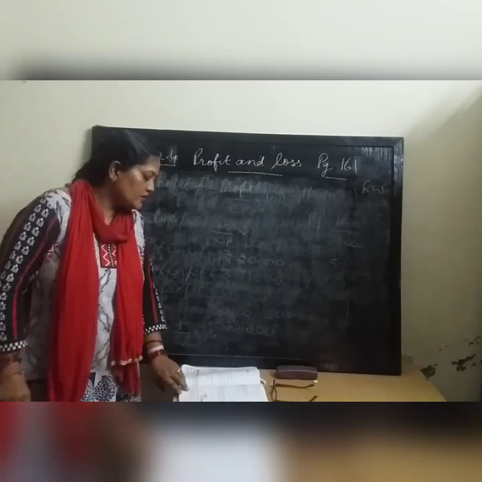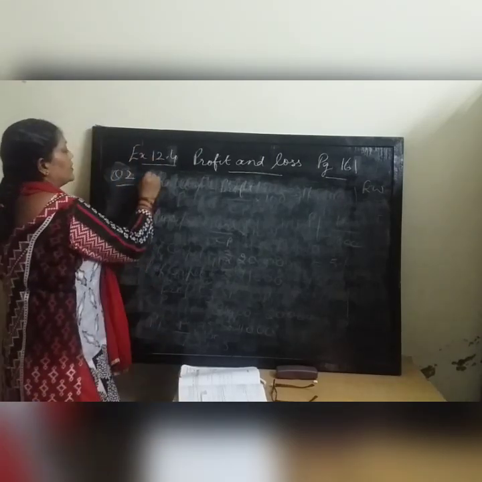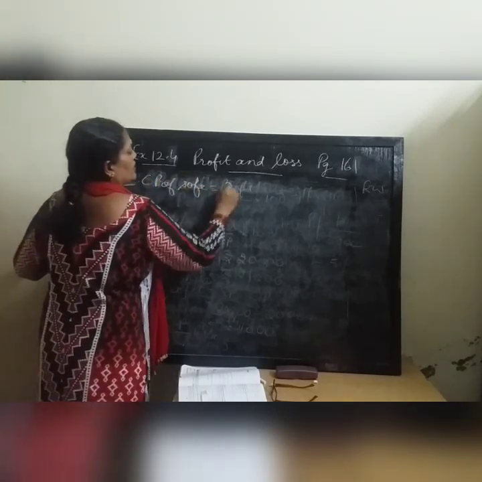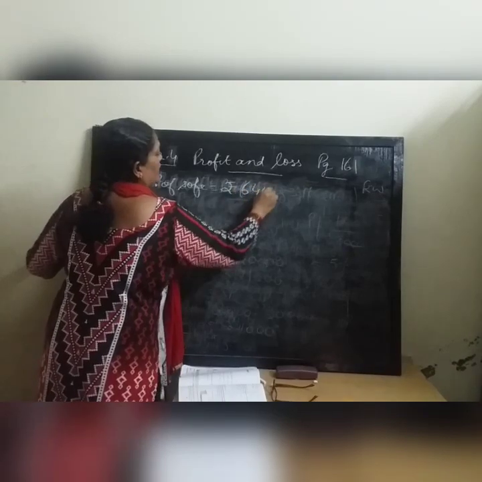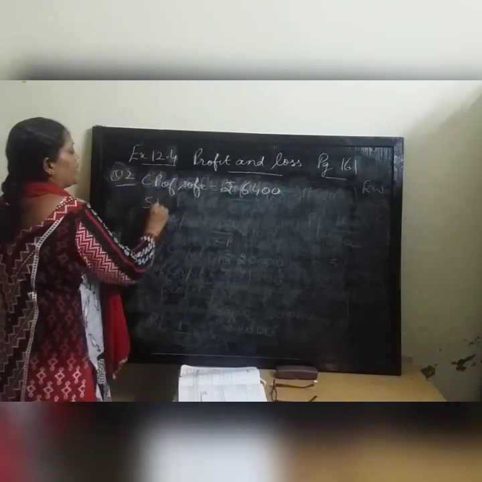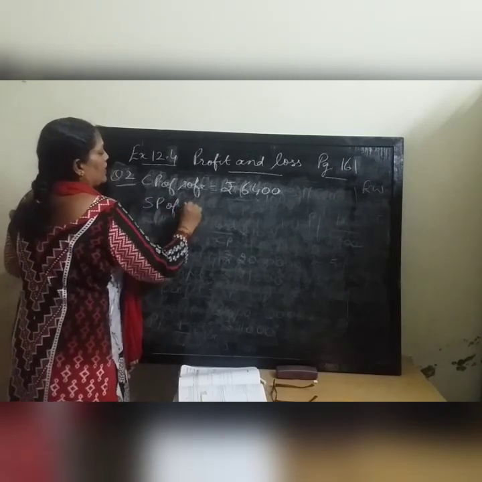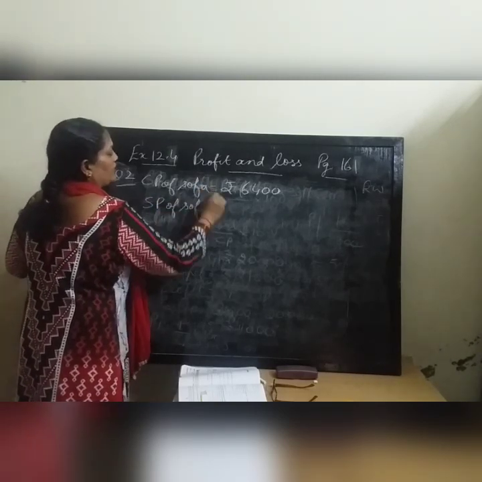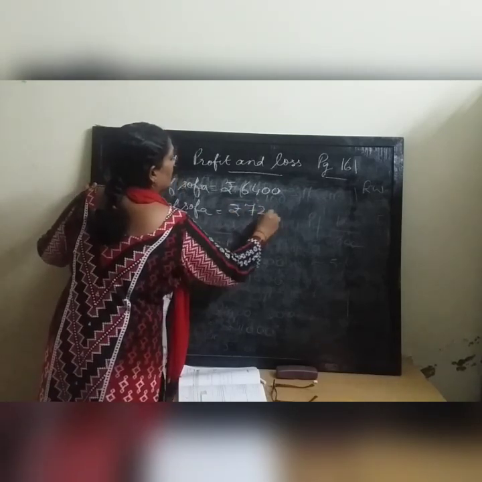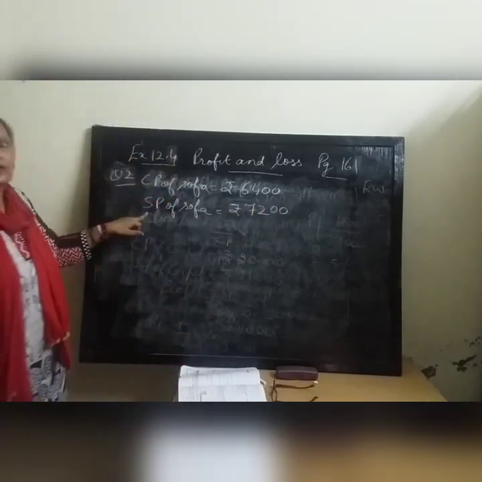Mohan bought a sofa for 6,400. Cost price of sofa is rupees 6,400 and sold it for. Selling price of sofa. How much is the selling price of sofa? Rupees 7,200. Now tell me, selling price is more.